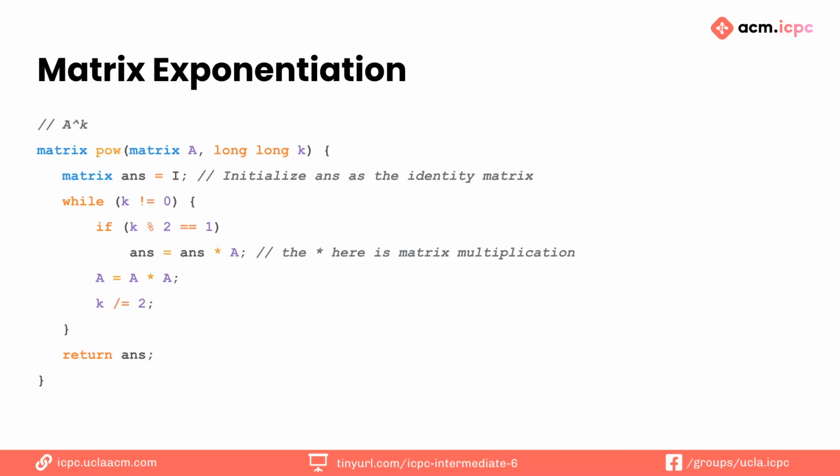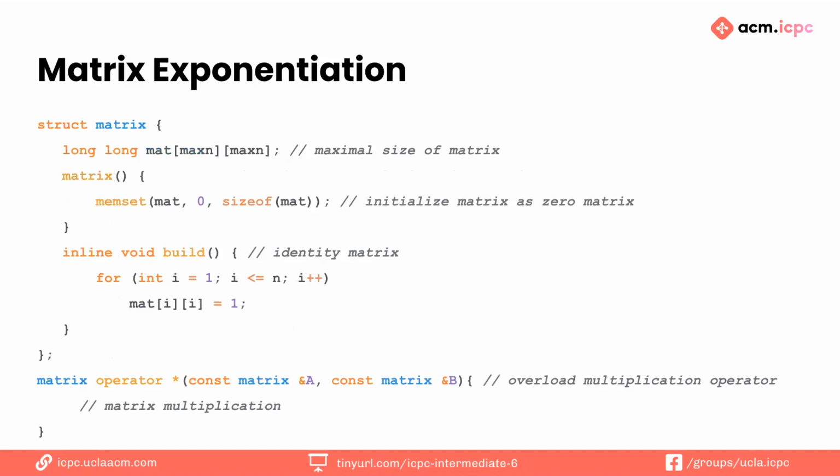And then we are going to go through how to define the matrix class. Here, at first, we initialize all matrices as 0 matrix. And the build function here is to generate the identity matrix.